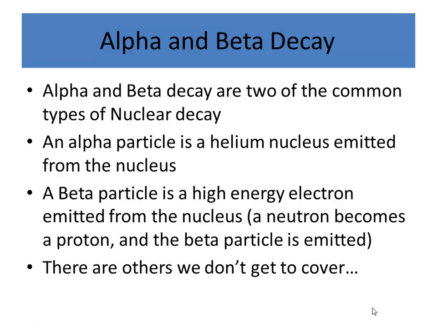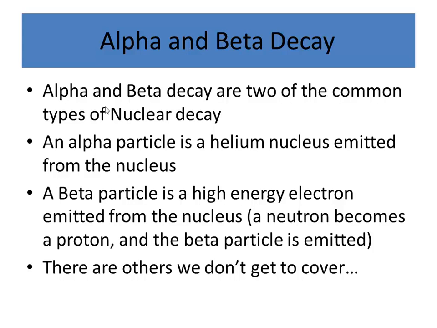So alpha and beta decay are 2 common types of nuclear radiation. When you have these unstable neutrons and protons in the nucleus, these are 2 of the ways that the nucleus will break up. You don't have to write the last bullet point. Alpha and beta decay are 2 very common types that are actually going on right now as we speak.